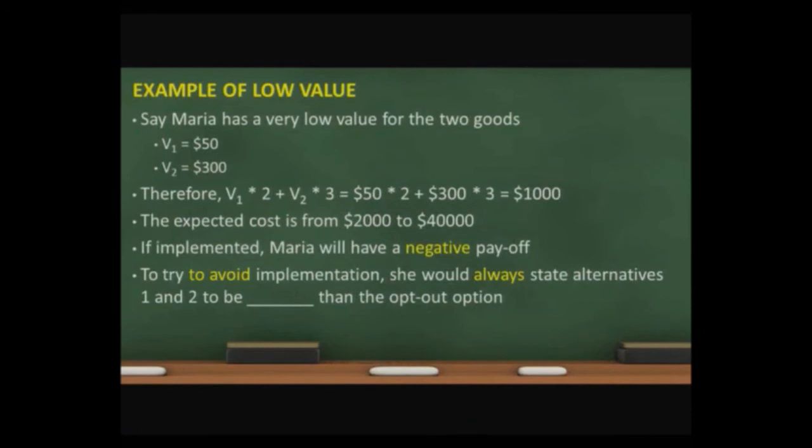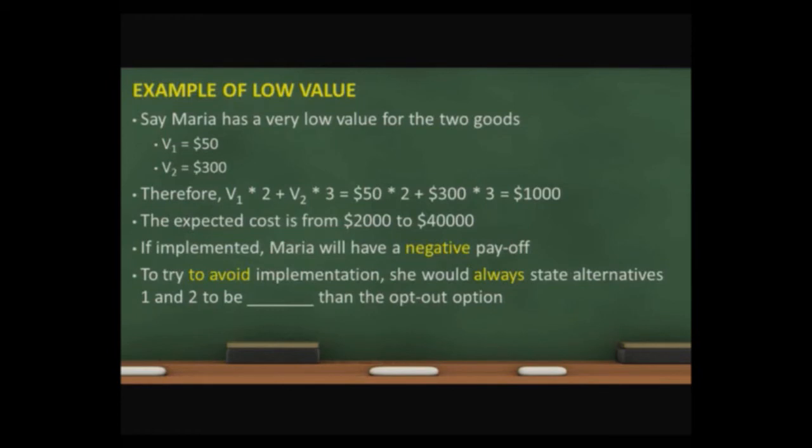So in order to contribute to avoiding the implementation, if we are Maria, what should we do? When we ask about alternative 1 and alternative 2, whether those are better or worse than the status quo, what should we say? Better than the status quo or worse than the status quo? We don't want it implemented. Better or worse?